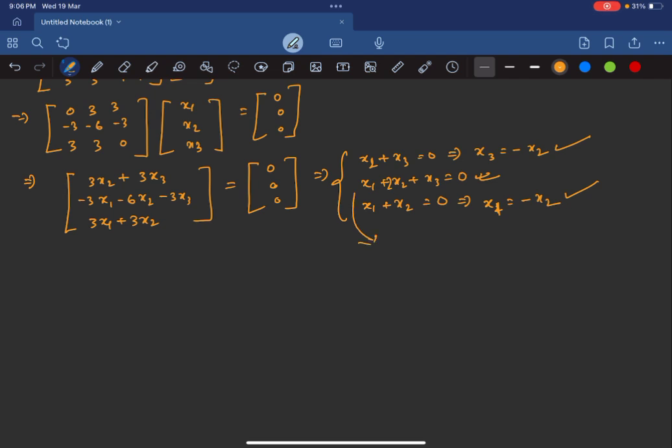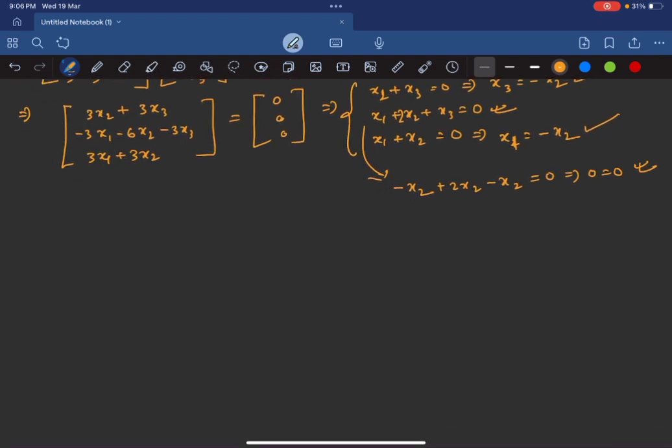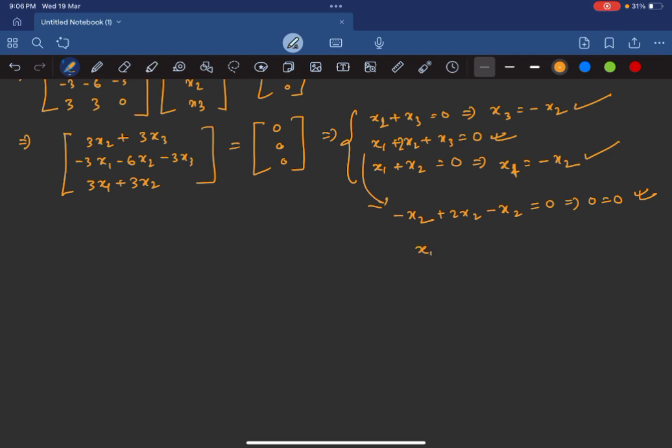If you substitute in this equation, it gives x1 minus x2 plus 2x2 minus x2 equals 0, that means 0 equals 0, that is fine. So x1 is equal to minus x2, x3 equals minus x2, and x2 we don't know.